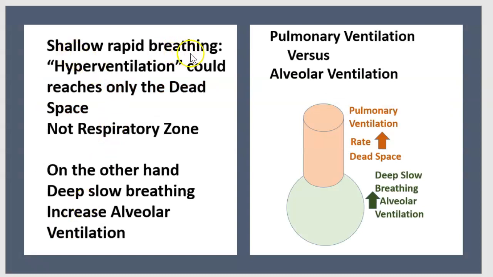Shallow, rapid breathing, hyperventilation, could reach only the dead space, not the respiratory zone. On the other hand, deep, slow breathing increases alveolar ventilation.